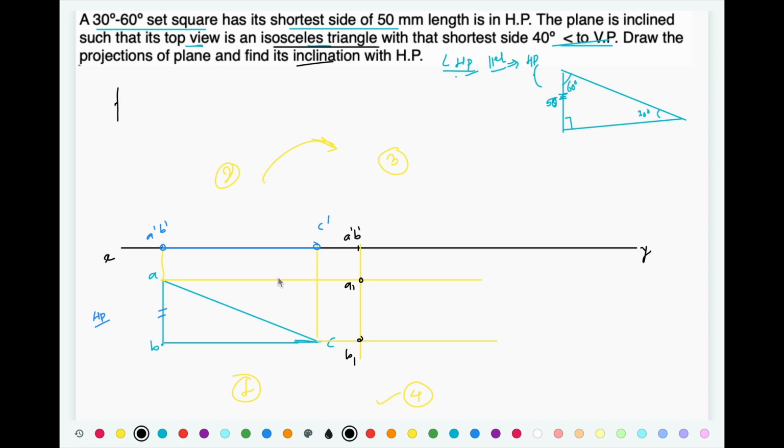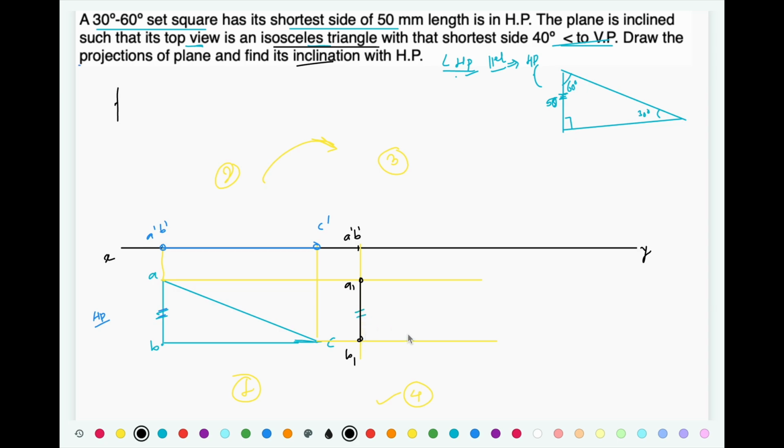Now if you look at this sketch, the resting reference, that is side AB, same side we have drawn over here also. So this side is not going to change its length. Why? Because this side is in HP, so its length is always going to remain true length.